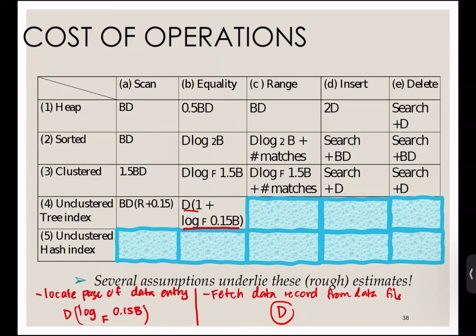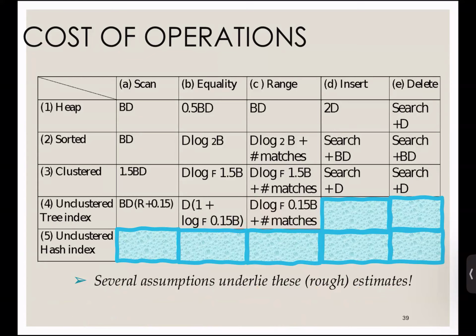Questions? Okay, next would be the range search. Range search, we start off the same as equality search. We have to locate the first item, the page of data entry of the first item to search.